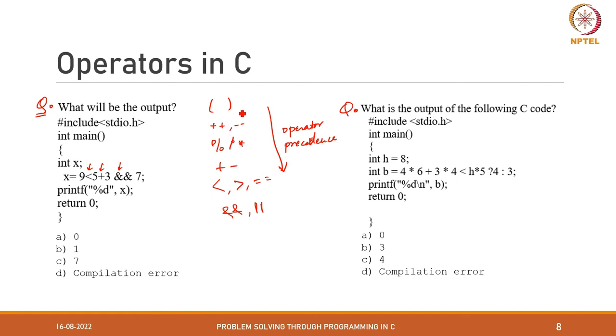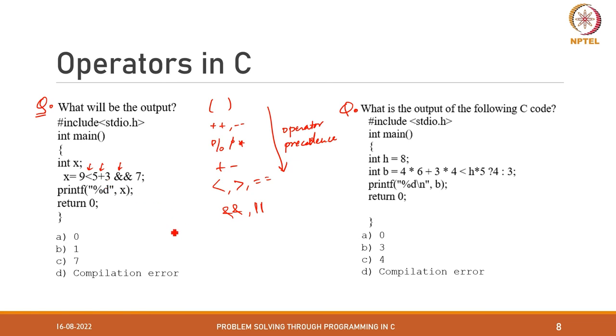According to this precedence table, first you would evaluate the addition operation, because the less than and the logical and operations have lower precedence than this.